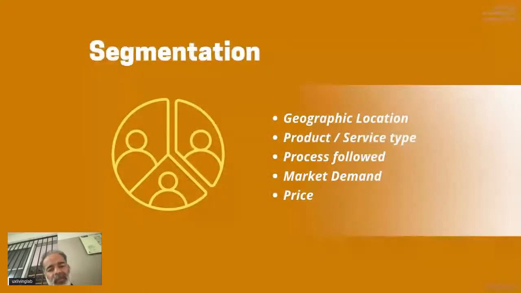Then product-wise and service-wise, you can segment. Then process: what are the processes of that product, which you can also use for segmentation. Then market demand: in the substitute product, what is the demand in the market? Then price. These are the five common segmentation methods you can apply.